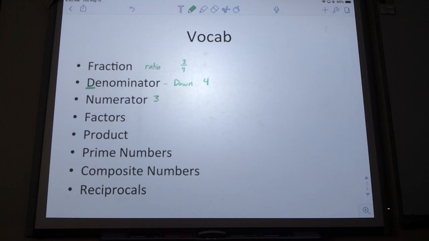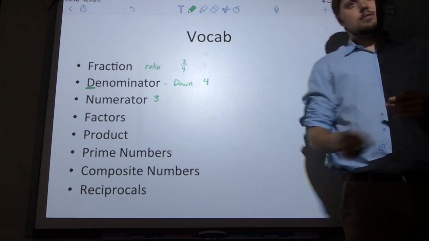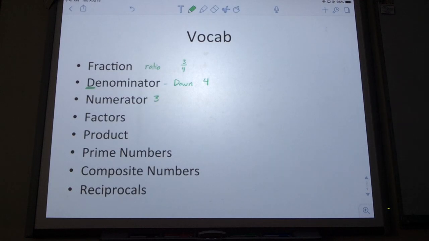Factors are numbers that multiply to get something else. And that something else is the product. Okay, the product is the answer to a multiplication problem.